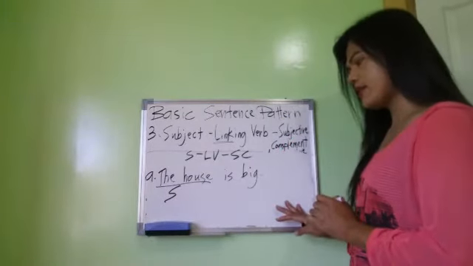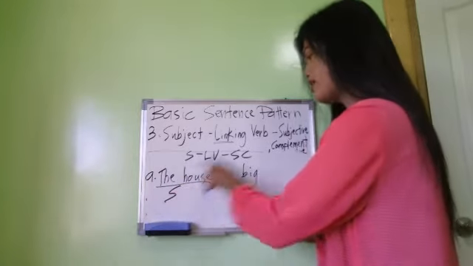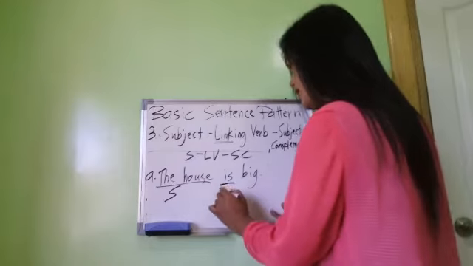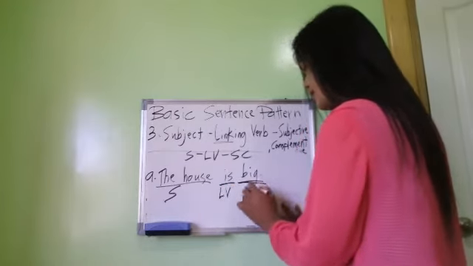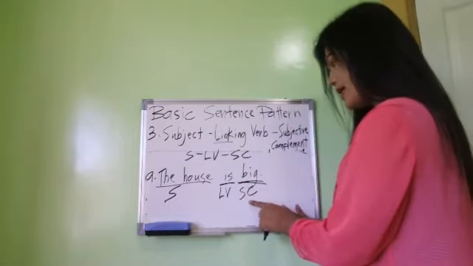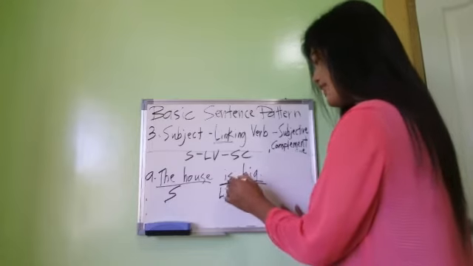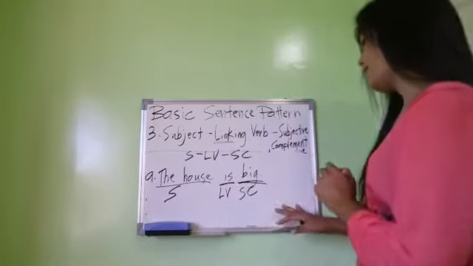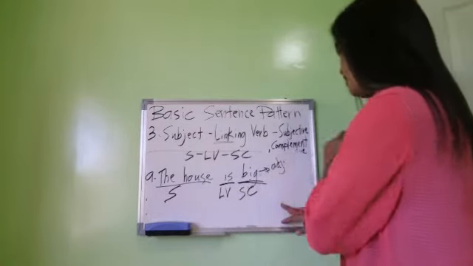Okay, and basically subject usually starts from the very beginning of the sentence. So subject is, this is your linking verb. Okay, and this is your subjective complement, SC. See, so verb here is not an action word, and we use is here because house is only one. Okay, yeah. And big here, so this is your adjective.